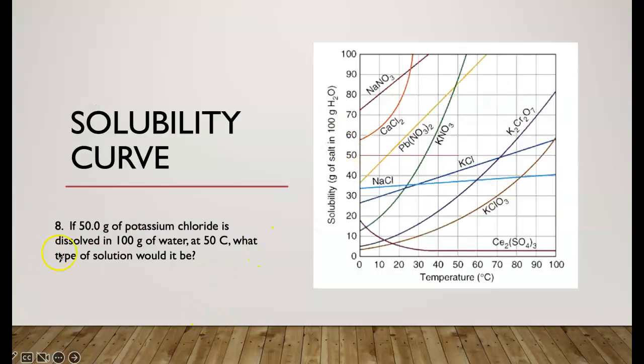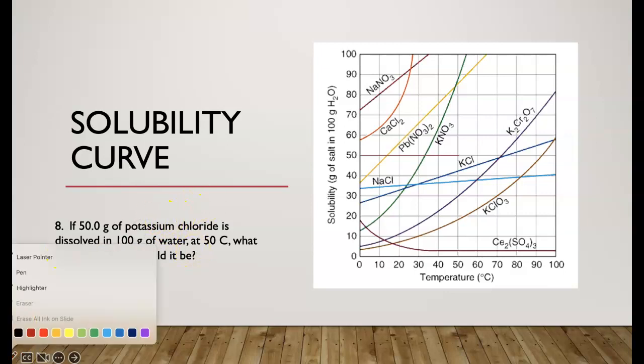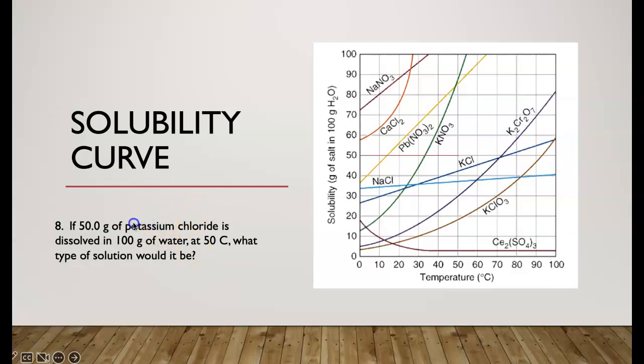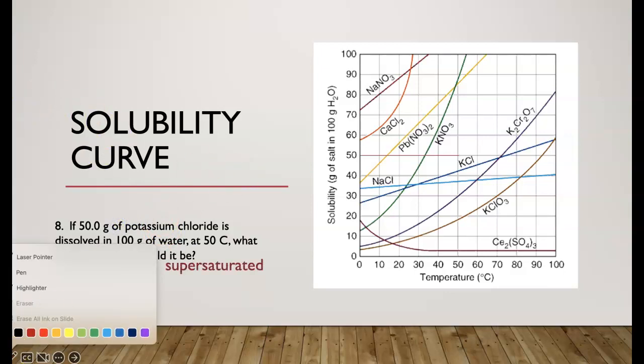All right, so how do we do this one? Well, the first thing I have to figure out is, okay, what chemical am I looking for here? And I figure potassium chloride, so I'm going to have to find that here. And then I'm going to look at 100 grams, 50 degrees Celsius.